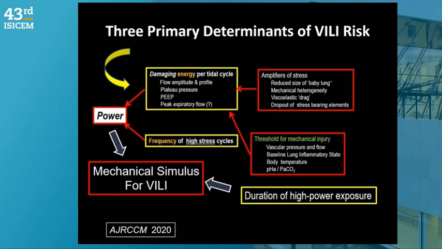So I think we all know those principles from at least the year 2020 till now. We're thinking in terms of power and driving pressure, and you know the value of prone positioning to try to even out the heterogeneity and the vulnerability of the lung.